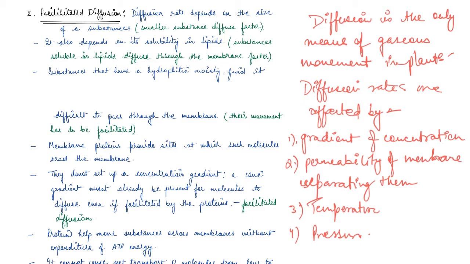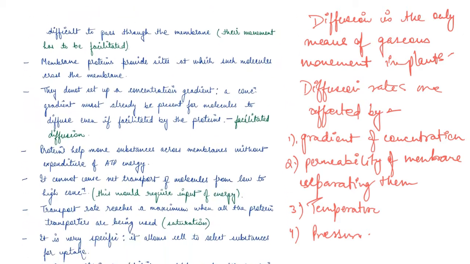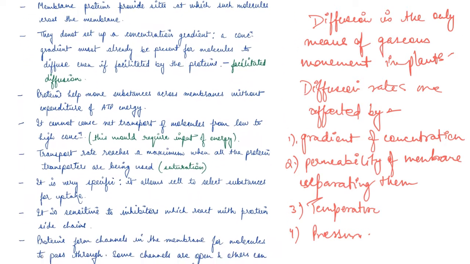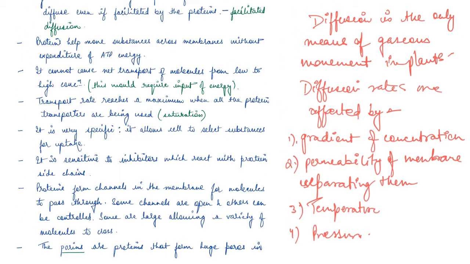This is done without any expenditure of ATP, without any expenditure of energy. Facilitated diffusion cannot cause net transport of molecules from low to high concentration because that would require energy. Remember again, facilitated diffusion does not happen when the concentration gradient is from low to high.